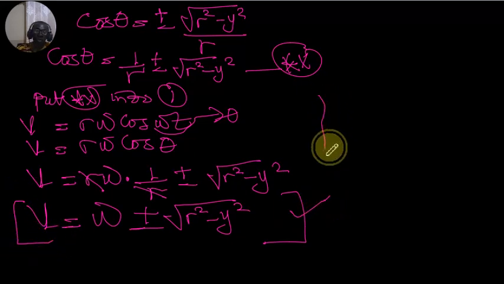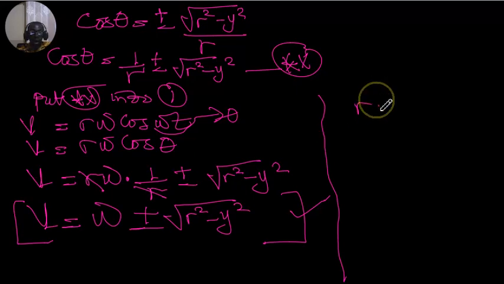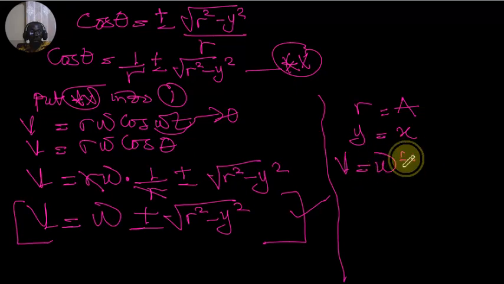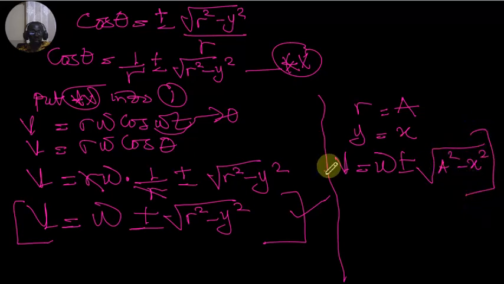But in some cases, your r here could stand for the radius or the amplitude a, while your y here, the distance, could be x. So this formula could still be v equals omega times plus or minus the root of a squared minus x squared. It is still the same as the velocity at any instant of a body performing simple harmonic motion.